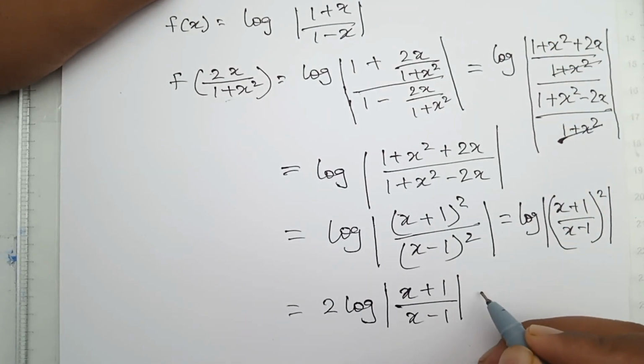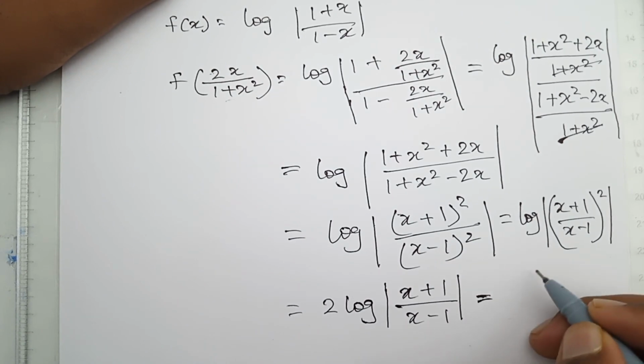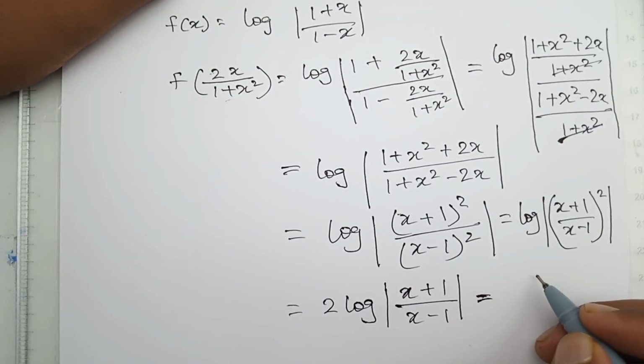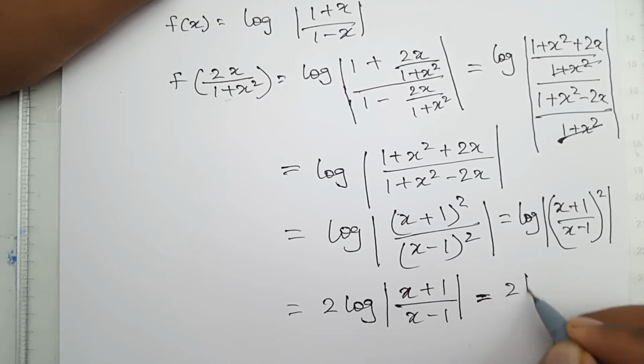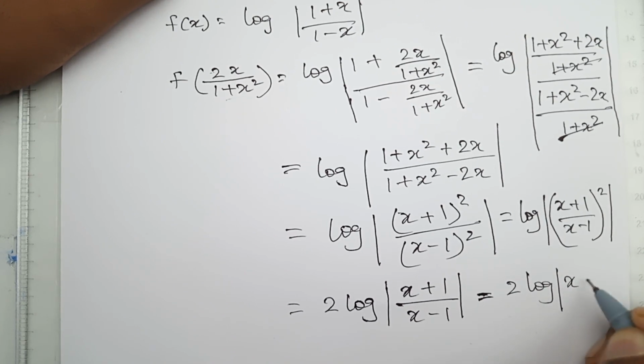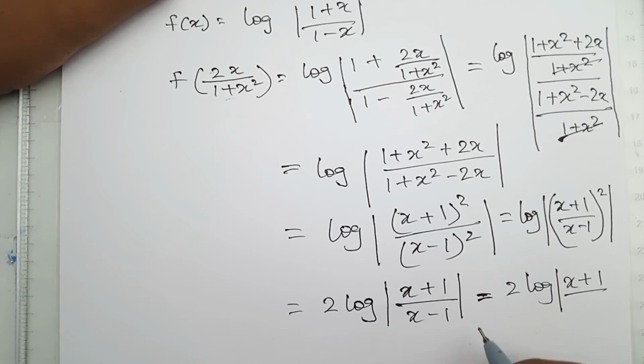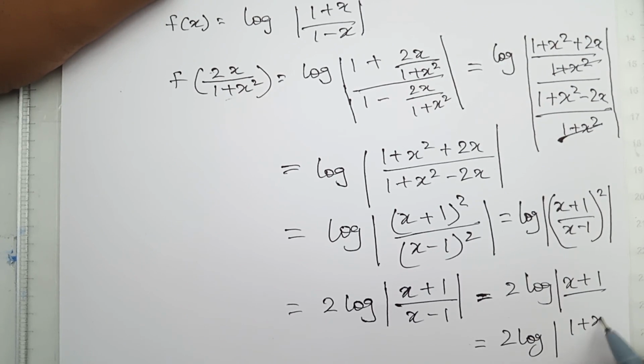We can take it as... no. Here we should take 2 log in the mod 1 plus x by 1 minus x.